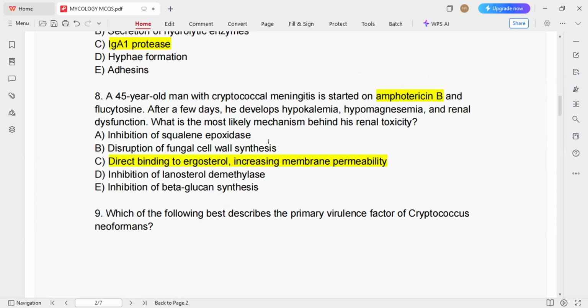Disruption of fungal cell wall synthesis: echinocandins, like the fungins. Okay, good. Inhibition of lanosterol demethylase: the azoles. Good.